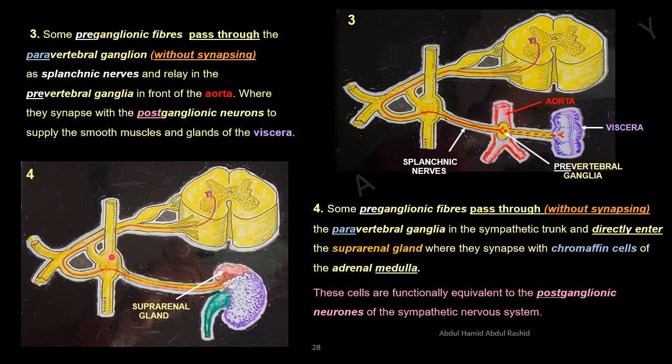The fourth group follows exactly like the third group. Here is the cell body of the first order neuron. These are preganglionic fibers, white in color, myelinated, going through the anterior root and trunk and ventral ramus of the spinal nerve, and now go through the white rami communicant.